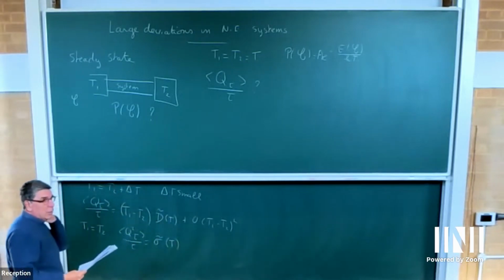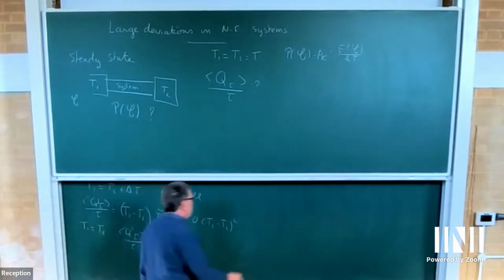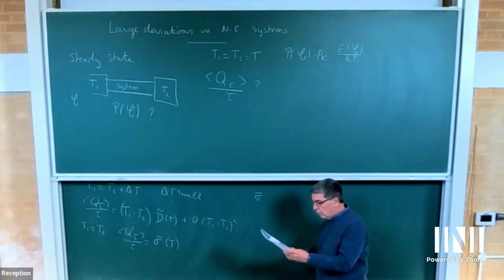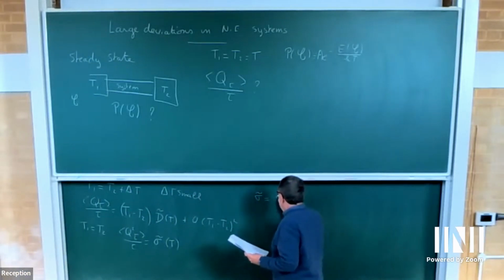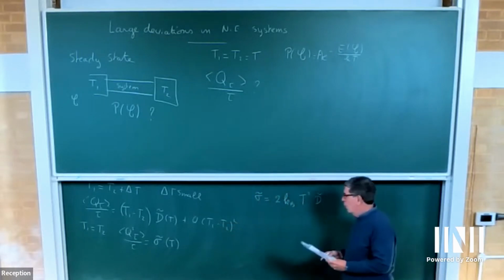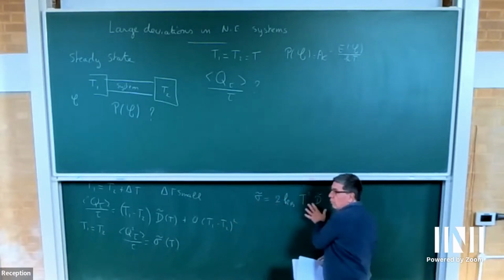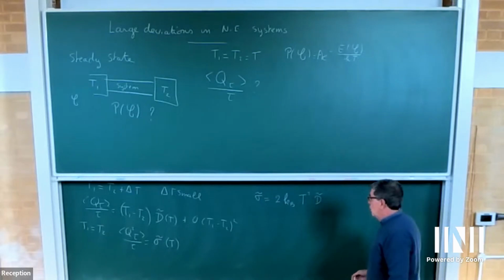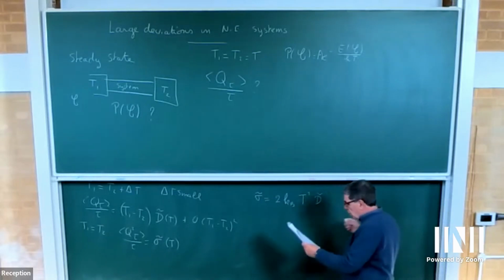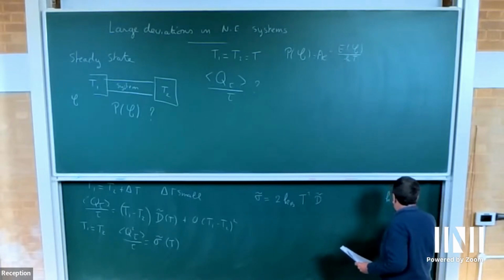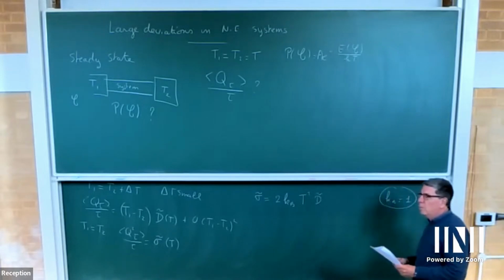And what linear response tells us is that sigma tilde and D tilde are not independent, and they are related by an identity involving kB, the Boltzmann constant.